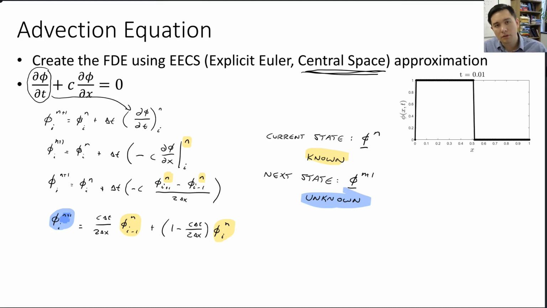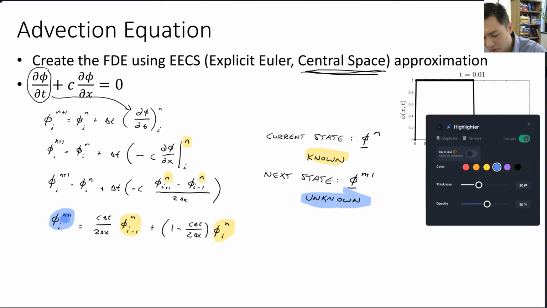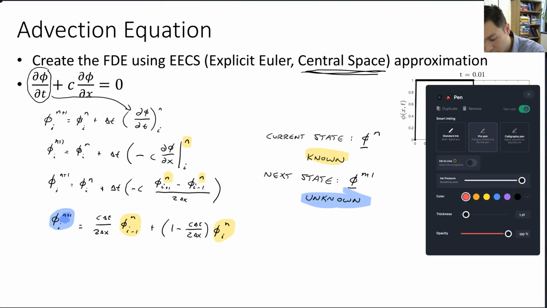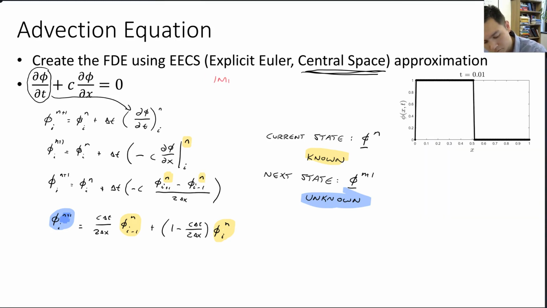Well, what happens if we use an implicit method? Well, if we use an implicit method, then our base equation is phi n plus 1 is equal to phi n plus delta t times d phi dt evaluated at time index n plus 1.